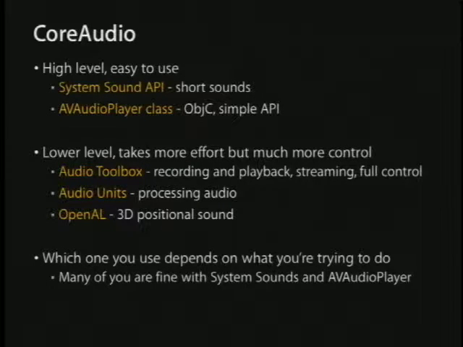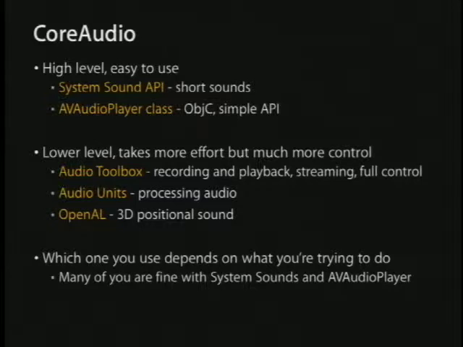And Audio Toolbox has some other tools in there for doing file parsing and stuff like that. There's Audio Units themselves. So Audio Units are these node-based processing engines, kind of the core of Core Audio. And then there's OpenAL, which is an open standard, just like OpenGL, which I'm sure you've all heard of. OpenGL is used for rendering video in a standard way across devices. There's OpenAL for doing spatial rendering of audio.